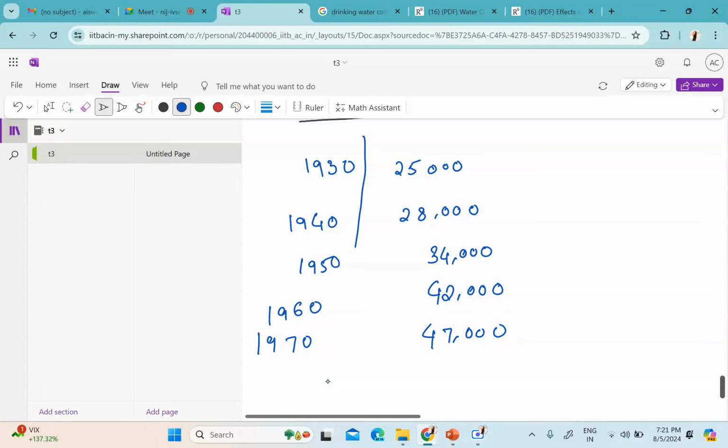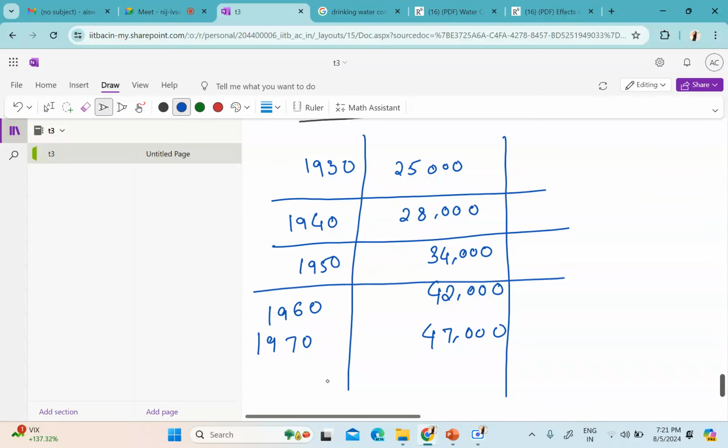These are the years, and this is the population, which is the same as the previous one.